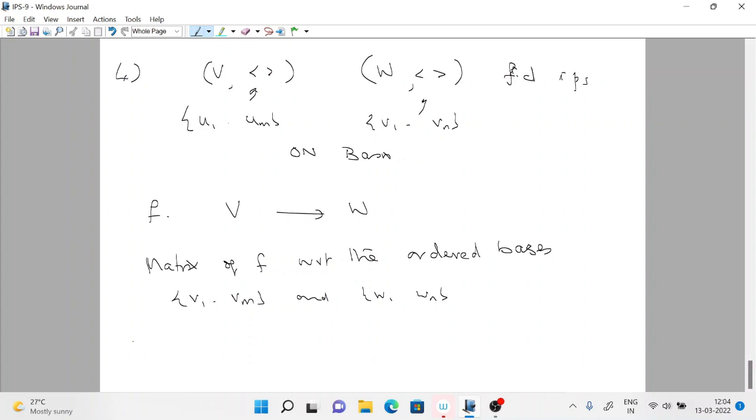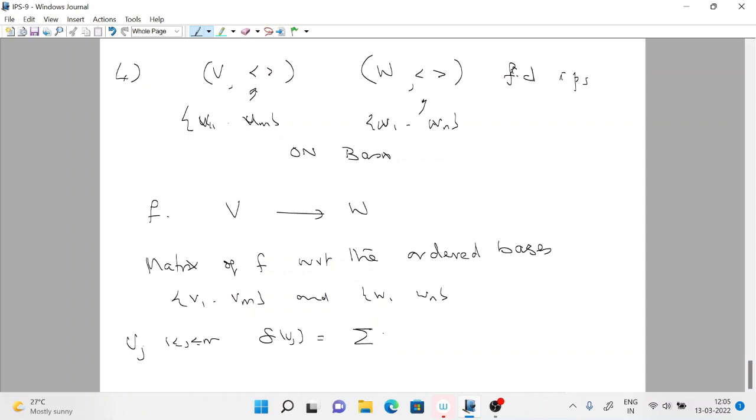It says if I take Vj, j equal to 1 to m, then let us look at f of Vj, and that is a vector in W. Write it as a linear combination of basis vectors. So here I am writing v1 to vm, so let me just call this v1 to vm, w1 to wn, because V sitting in W sounds a little peculiar to me. I hope you don't mind my changing, right?